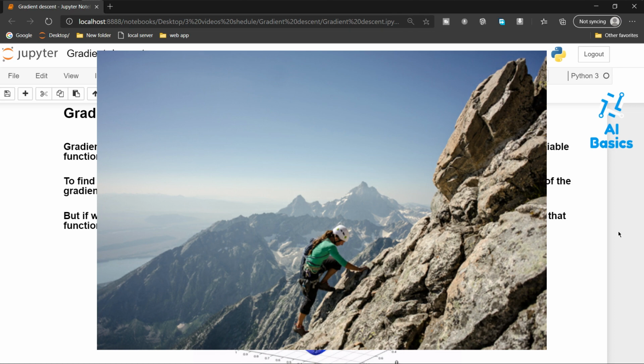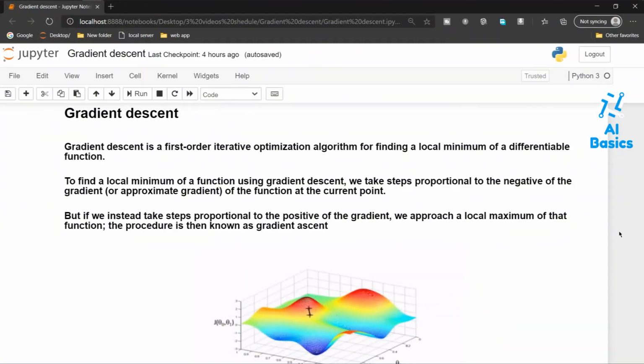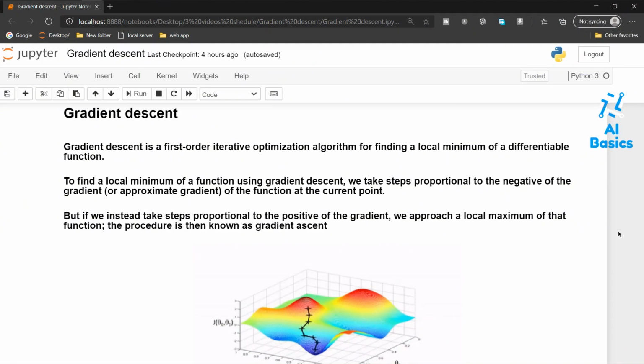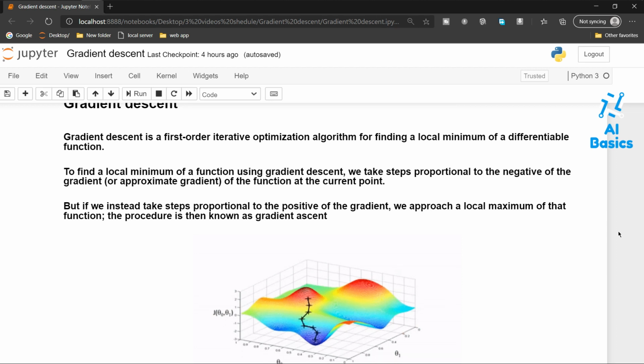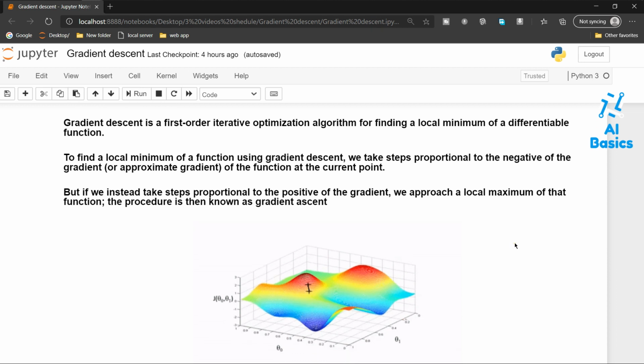That is called gradient ascent. So it uses the positive gradient in gradient ascent and the negative gradient in gradient descent. In gradient ascent, we find the local maximum, but in gradient descent, we find the local minimum.